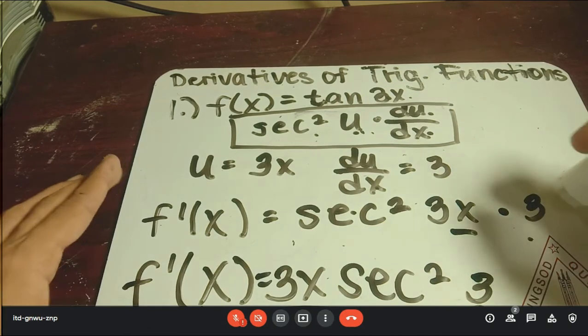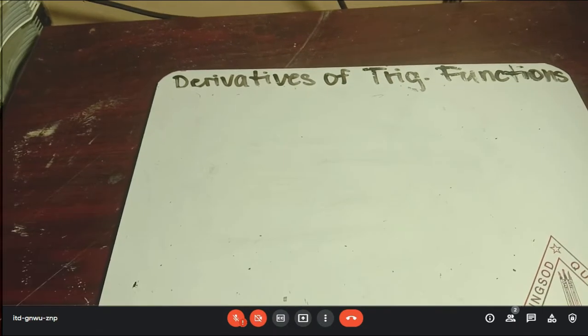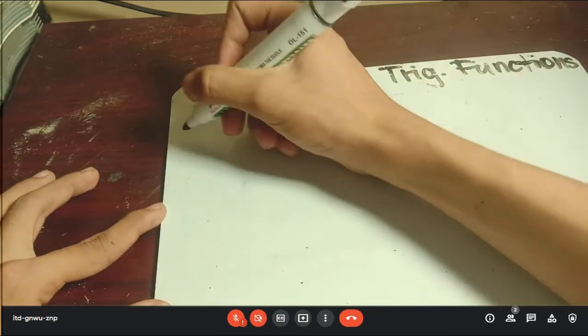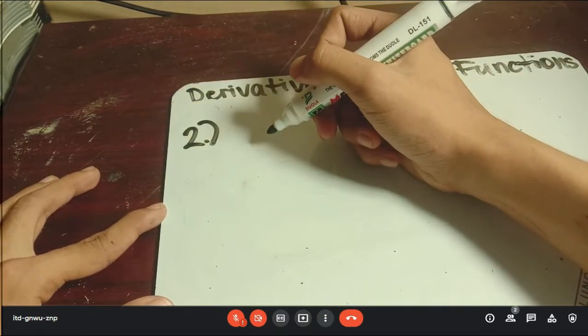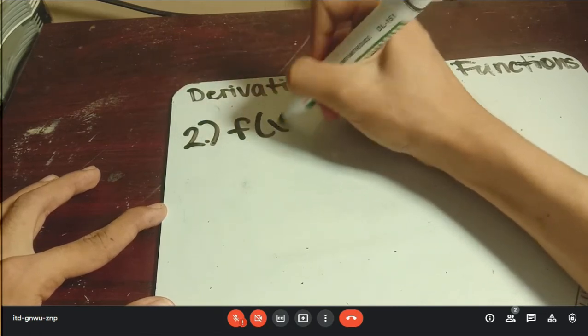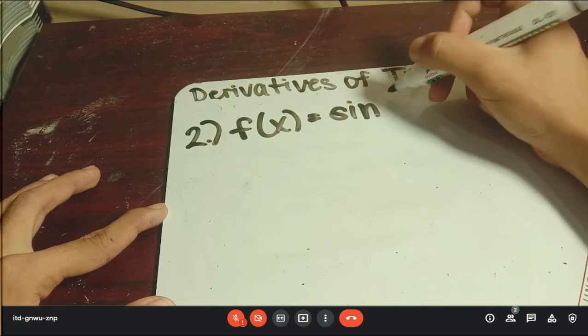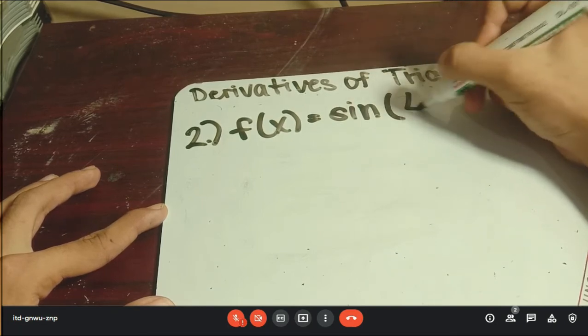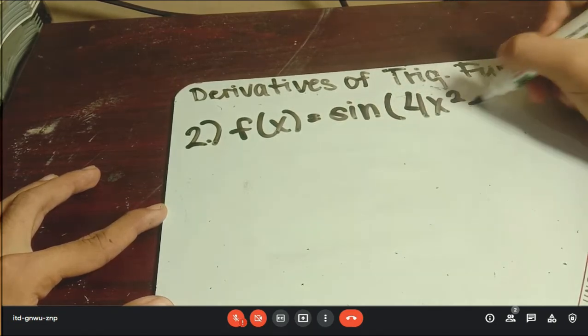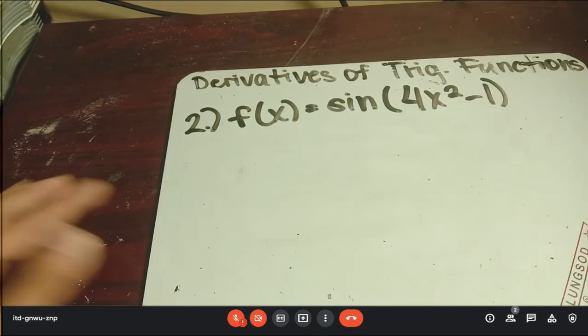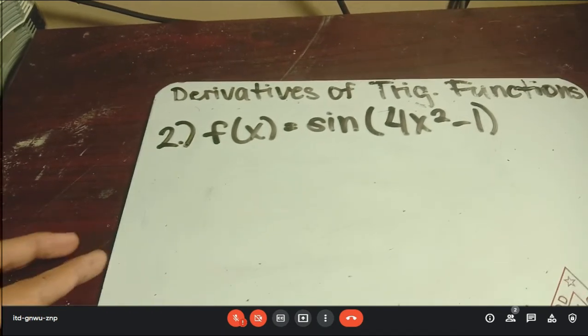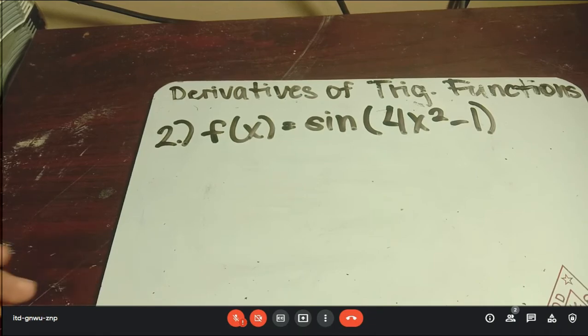Now, moving on na tayo for our next problem, which is problem number 2. It will be f of x equal to sin of 4x squared minus 1. So, medyo mahirap-hirap na siya, no? Mas malaki na siya tignan kaysa dun sa kanina.